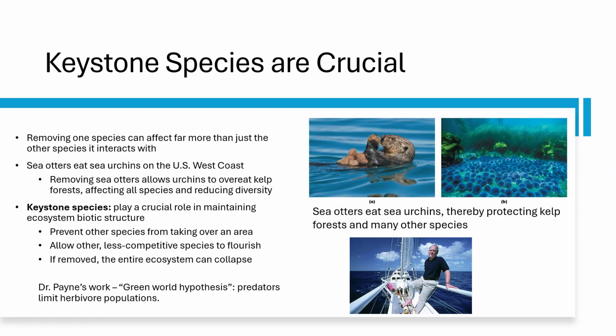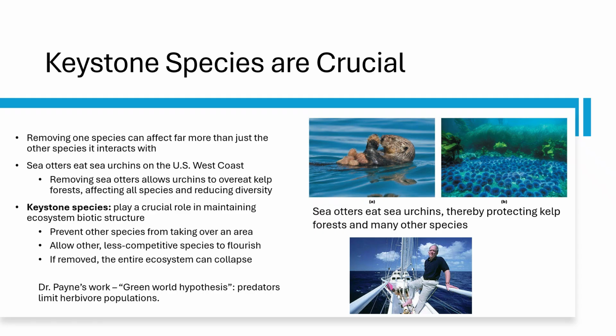So every species, even the ones that we thought were threatening, like the wolf or the bears, plays a very important role in the ecosystem. And what we call keystone species are species that, even if they are not very abundant in terms of number of individuals, when you remove them, the entire ecosystem can collapse.